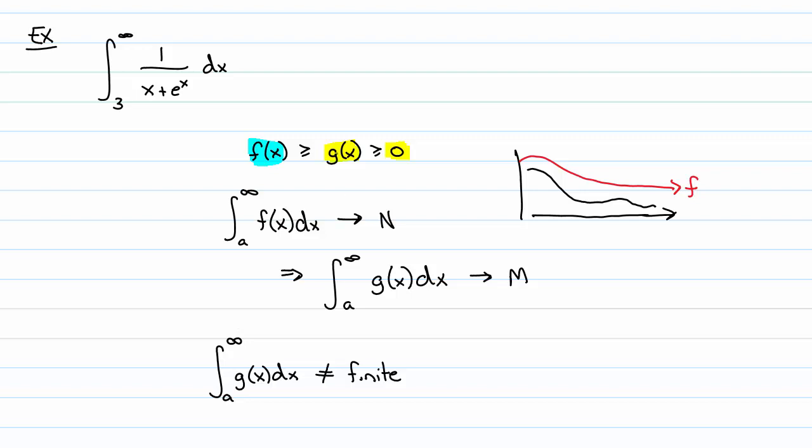If that area does not become finite, in other words that it's infinite, that implies, because f is above that, that the area underneath f will also be infinite because f is greater than g. So the area from a to infinity underneath f of x is also infinite.